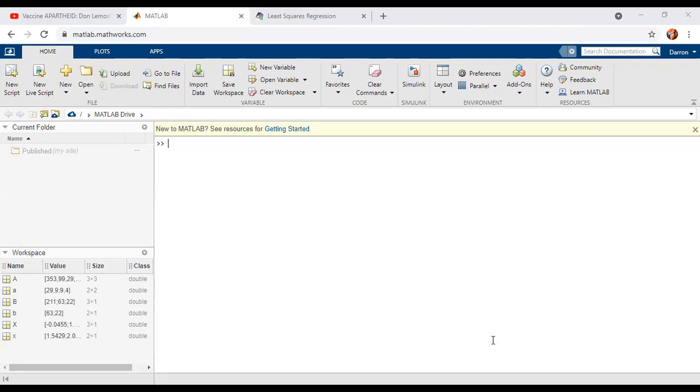As usual, I have to wait until MATLAB loads up. All right, so A is equal to 1.419, and then the next one is 0.293.